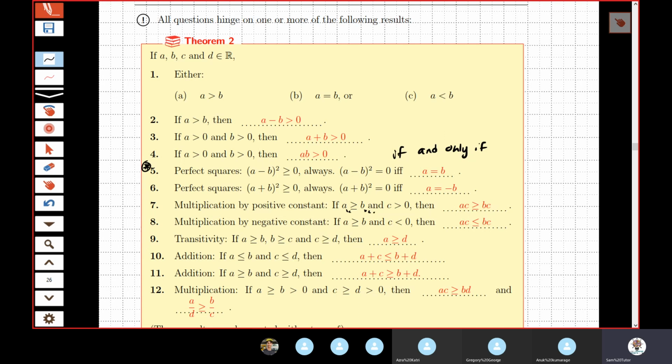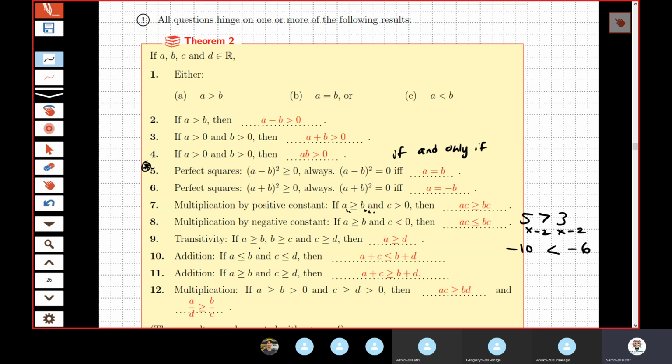If I multiply by a negative constant, so if A is bigger than or equal to B and C is less than 0, then you would say that AC is smaller than or equal to BC. Be careful there. Again, if 5 is bigger than 3, if I multiply both sides by negative 2, it becomes negative 10 is smaller than negative 6. So your inequality sign changes here.